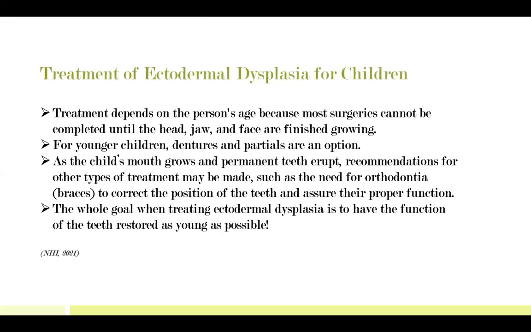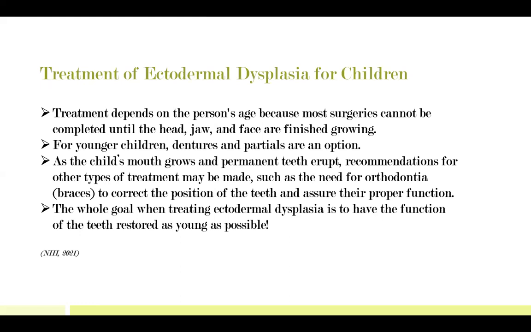Treatment of ectodermal dysplasia for children depends on the person's age, because most surgeries can't be completed until the face, head, and jaw are finished growing. So for younger children, dentures and partials are an option.